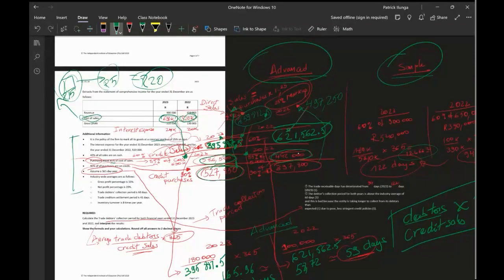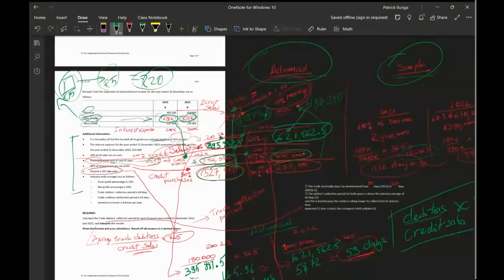So when you're looking at your cost of sales here, how do you get your cost of sales? There is a gross profit. You take the revenue, you minus the gross profit, and then you get your cost of sales. Now they're telling you the actual purchases of the merchandise is 85% of this cost of sales.